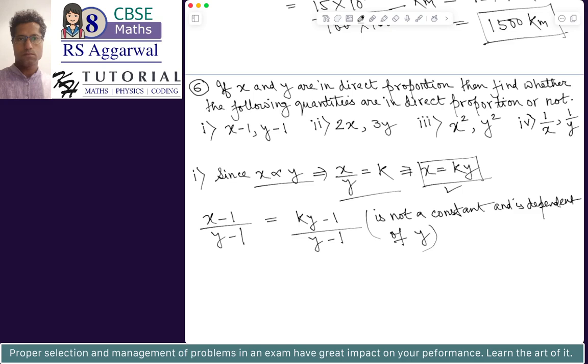It's not a constant and is dependent on y. So this implies x minus 1 and y minus 1 are not in direct variation.